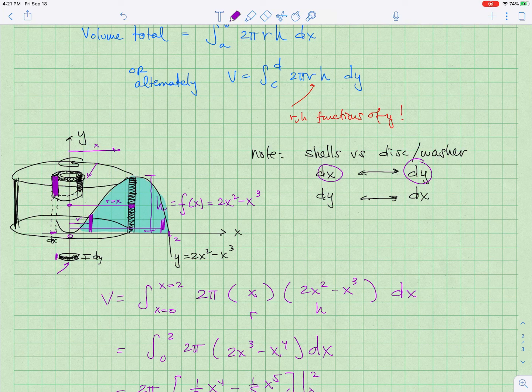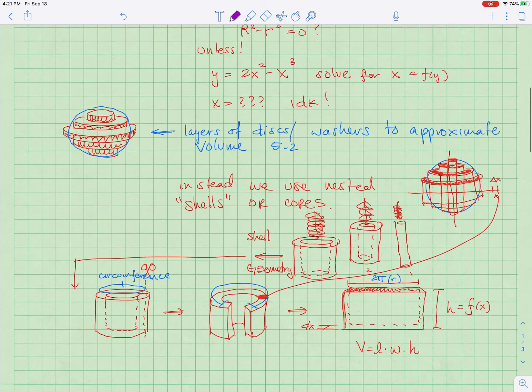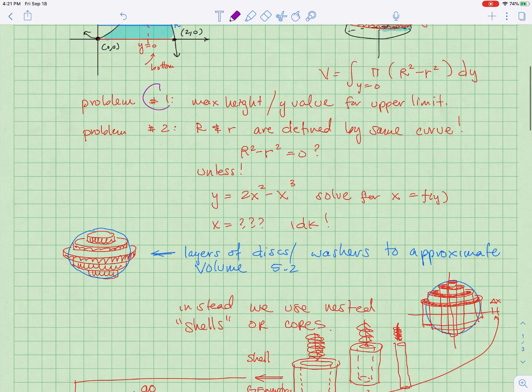The other thing is, if I give you a problem, some of these problems can be set up two different ways. So you don't always have to use shells or washers, but as we saw in this problem, it was quite a bit easier to use shells in terms of the setup than it was to deal with these different problems, 1 and 2, that we had with using discs and washers.